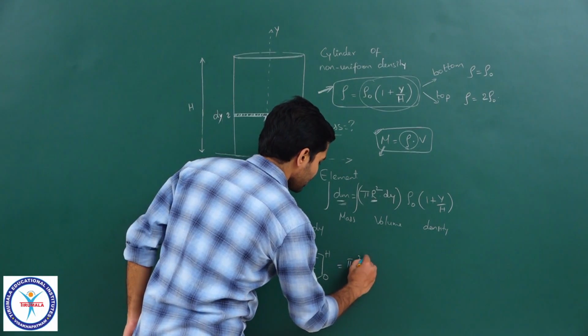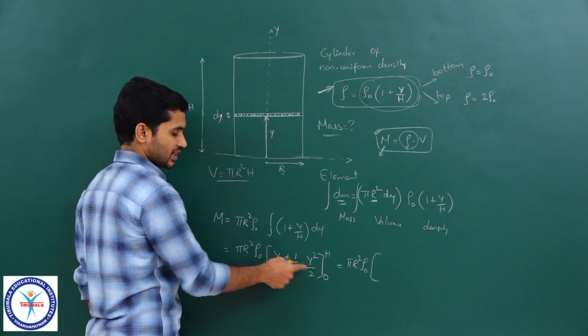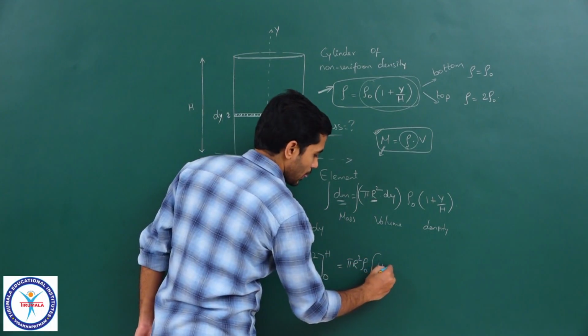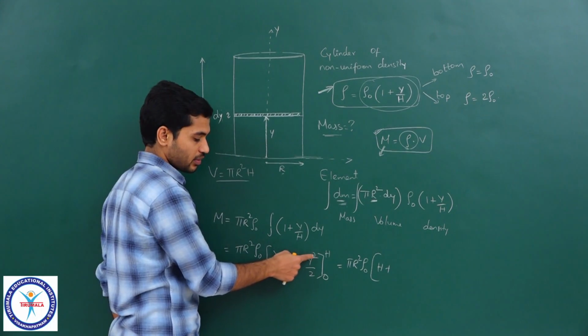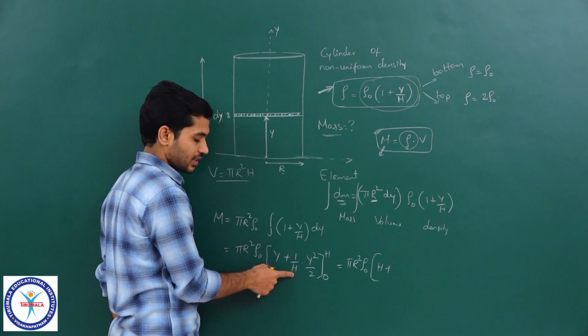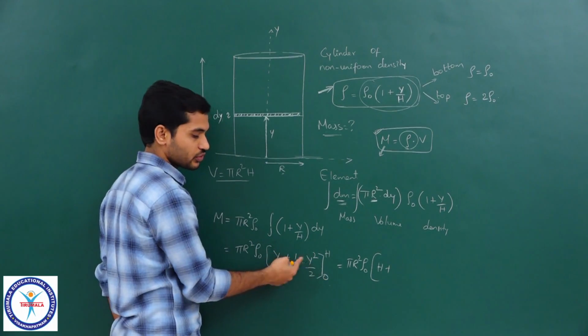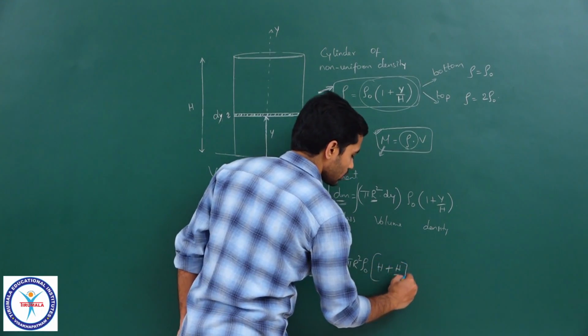Pi r square rho naught into, substitute h and substitute 0. H minus 0 will be h, plus substitute h in this, it becomes h square by 2. But there is another h, so you will get h by 2 as a whole, and when you substitute 0, it will be 0. So h by 2.